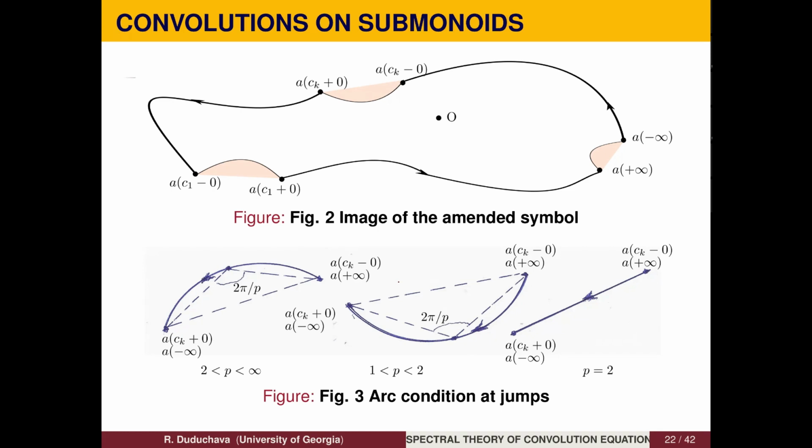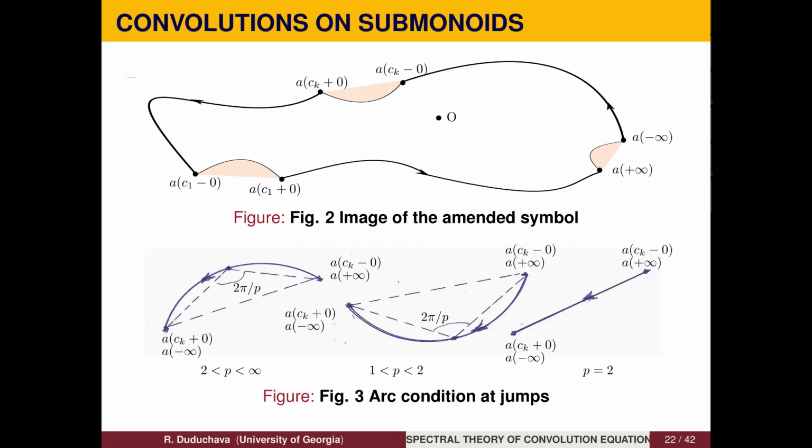For these arcs, the interval between c_k minus 0 and c_k plus 0 is seen under the angle 2π divided by p. You see here how they are connected. When p is equal to 2, the connection is just with a straight line. In other cases, when p is more than 2 or less than 2, they are connected with arcs, but on different sides. So in this way, we can make the symbol continuous.